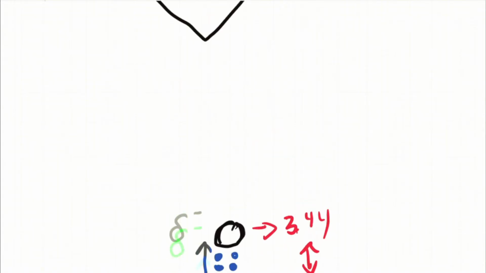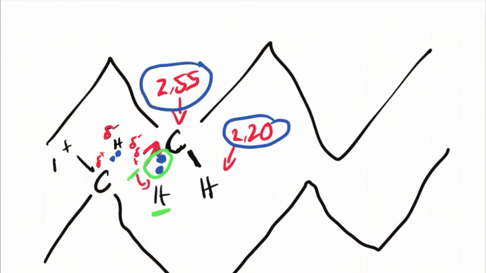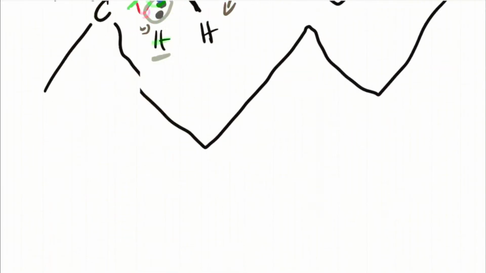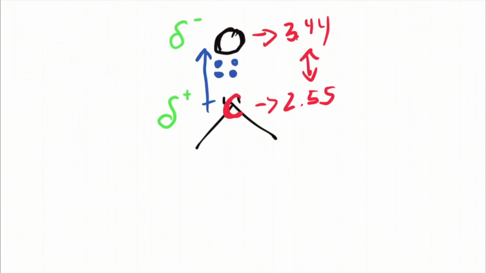So again, back here, I drew them smaller. The little partial charges appear and disappear. Here they're more permanent in this political party, or this grouping of why molecules interact the way they do.